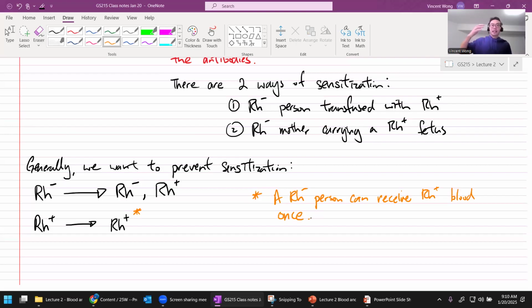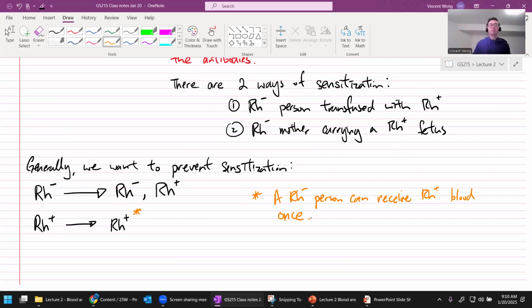Well, if I'm negative and I have never been exposed to positive blood before, then I do not have the anti-Rh antibodies in me. So when the positive blood goes into me, I will not have the antibodies to attack the cells and I will accept the cells. I will accept the red cells, and that's fine.